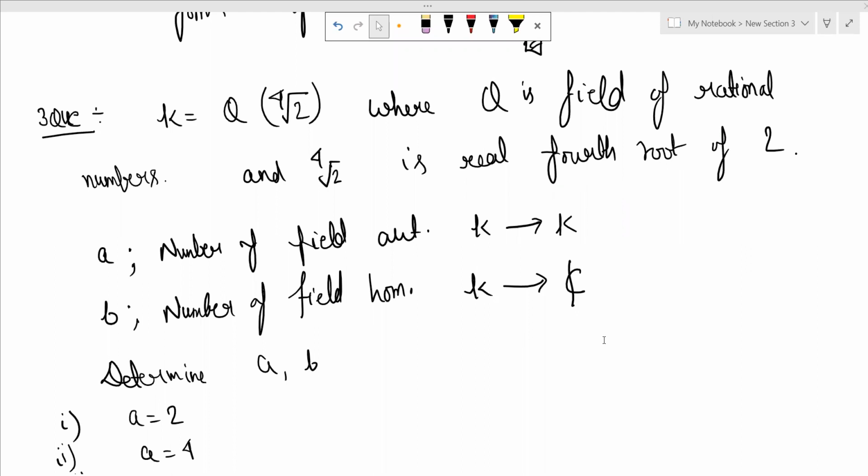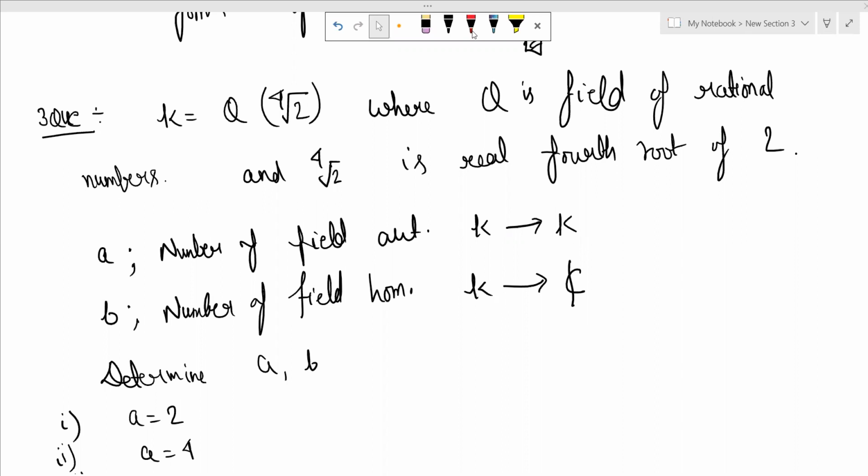So there is one restriction which your instructor put, that a field homomorphism should preserve the base field. So base should go to base, Q should go to Q. Means restricted to Q, it should be the identity map. Are you getting my point? Here the base field is Q, so on restriction to Q, it should be the identity map.